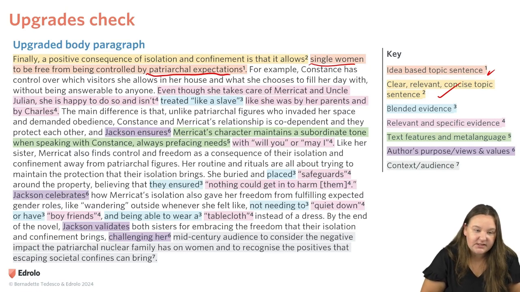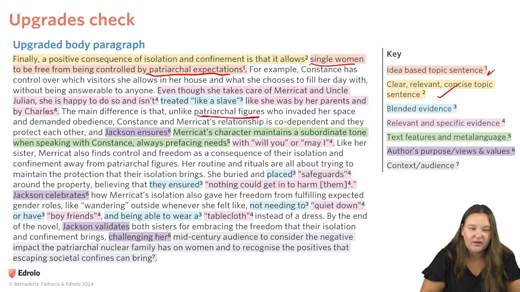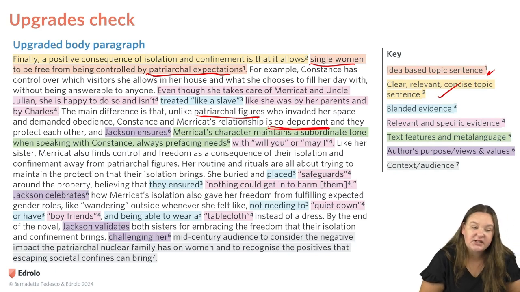The main difference is that unlike patriarchal figures, so there's been this connection to explain how Charles and her father are patriarchal figures who invaded her space and demanded obedience. Constance and Mary Kat's relationship is codependent, and they protect each other.